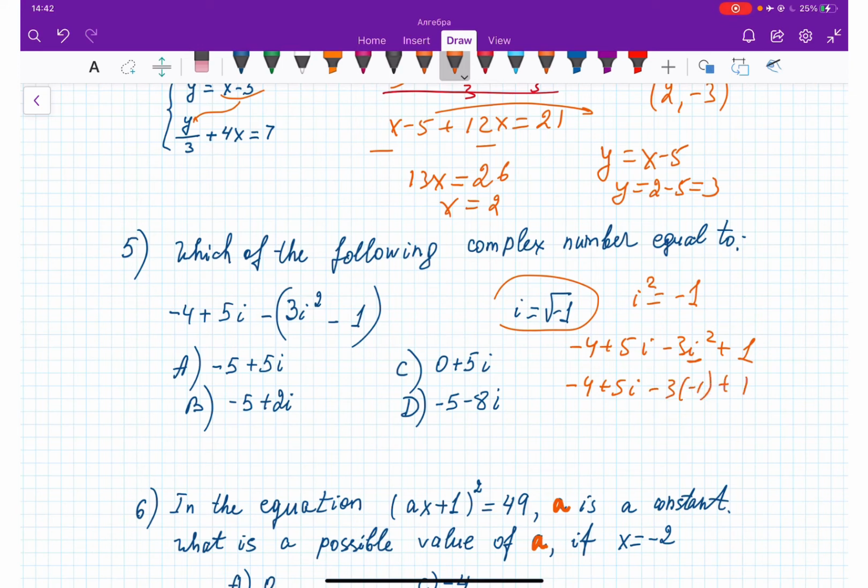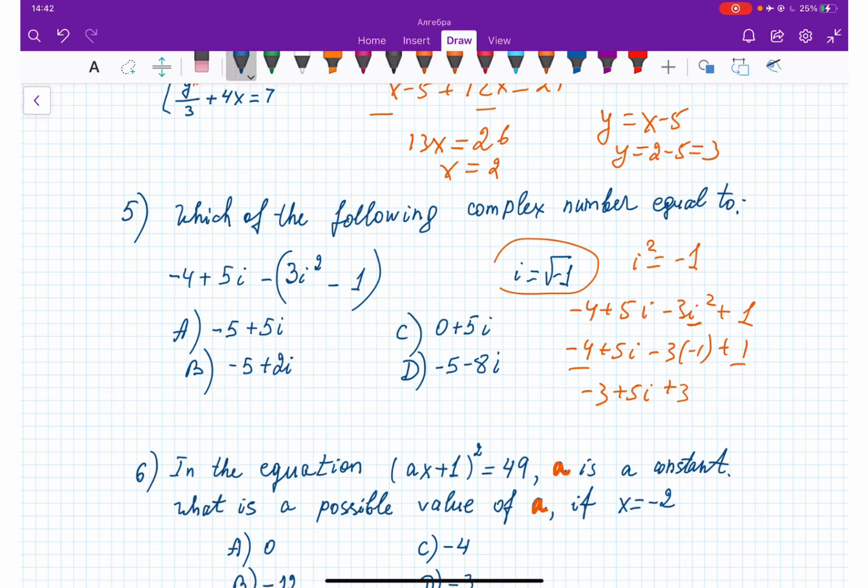Plus 1, and I will get negative 4 plus 1 is going to be negative 3, plus 5i, and plus 3, right? Negative 3 and positive 3 are gone, and we are getting 5i. So the format of a complex number is real number plus imaginary number, 0 plus 5i, which is going to be C. Okay.